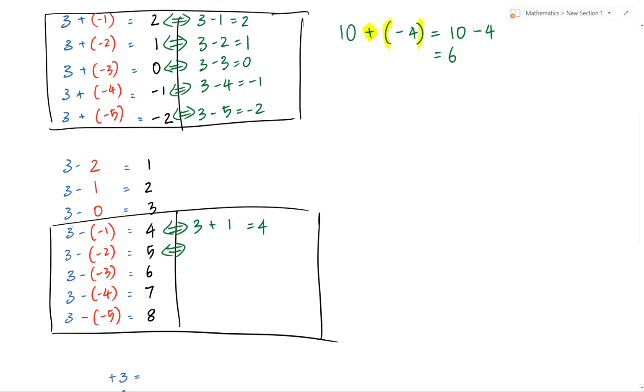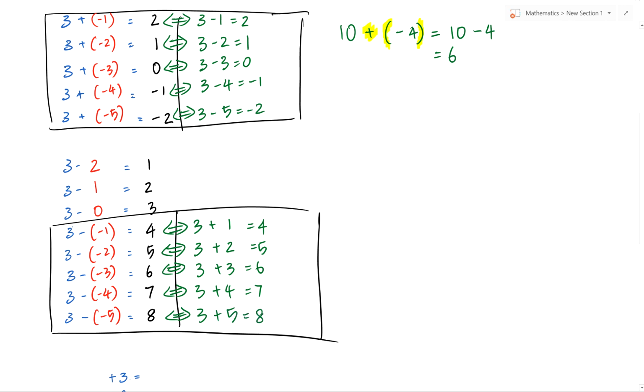Let's move on to the next line. 3, again another blank, equals 5. This must be a plus 2. Moving on, 3 plus 3, we get 6. 3 plus 4, 7. 3 plus 5 equals 8.